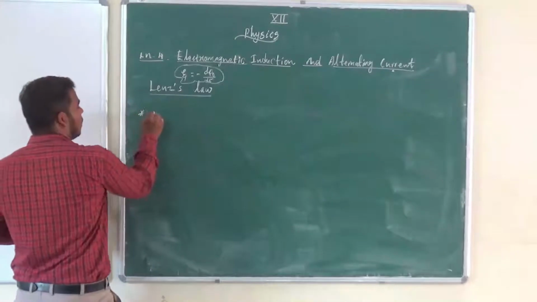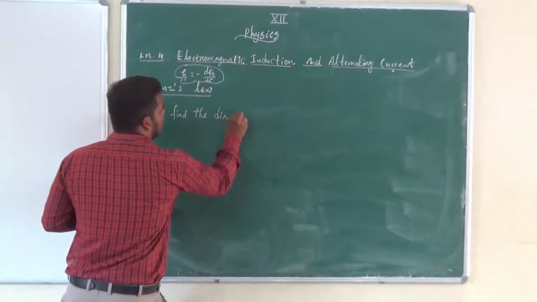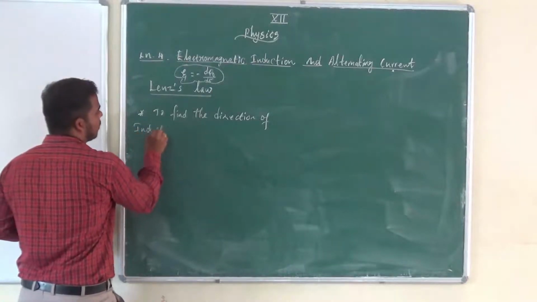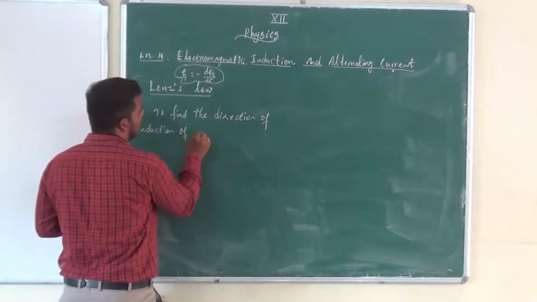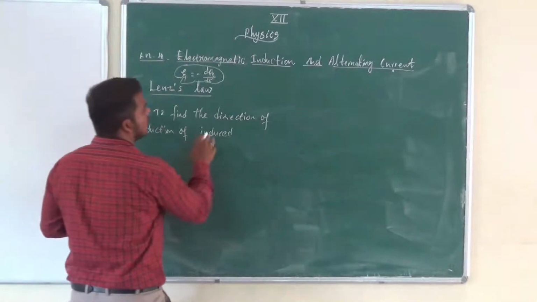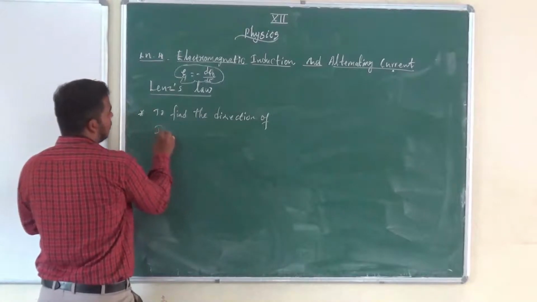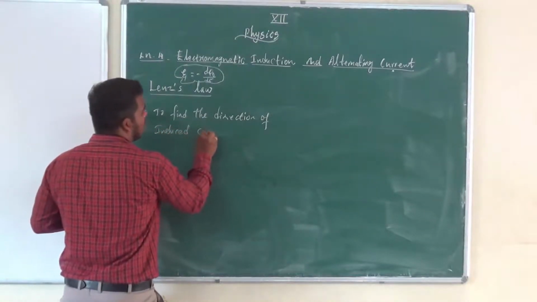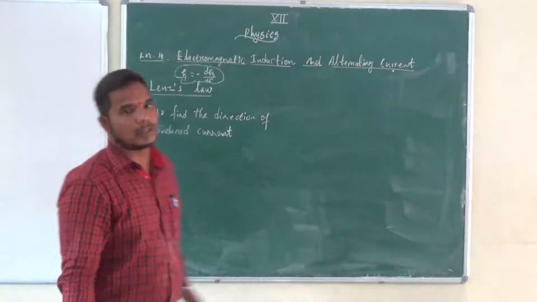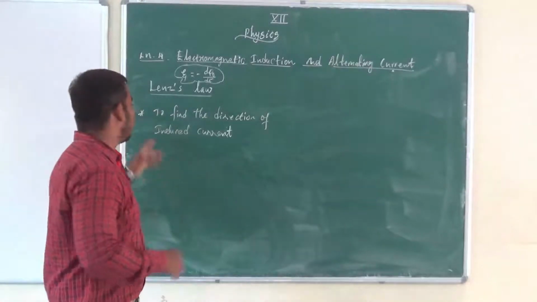We can also use the right hand thumb rule to find the direction of the current, but here Lenz's law is better.